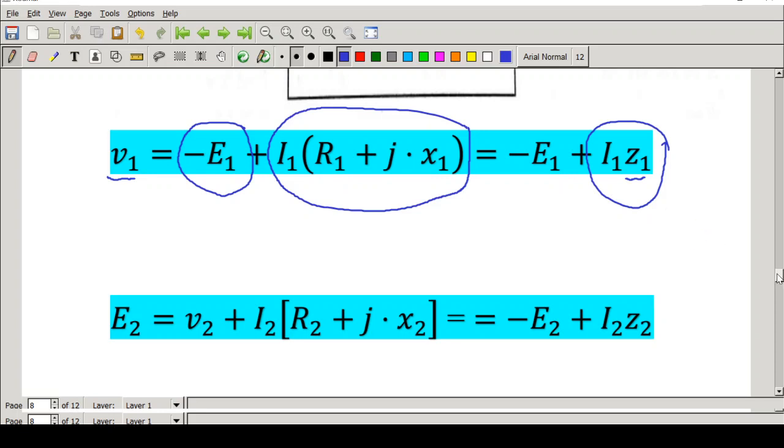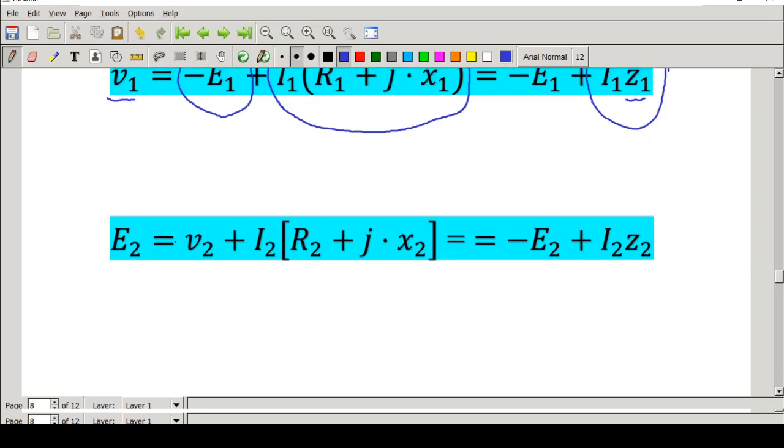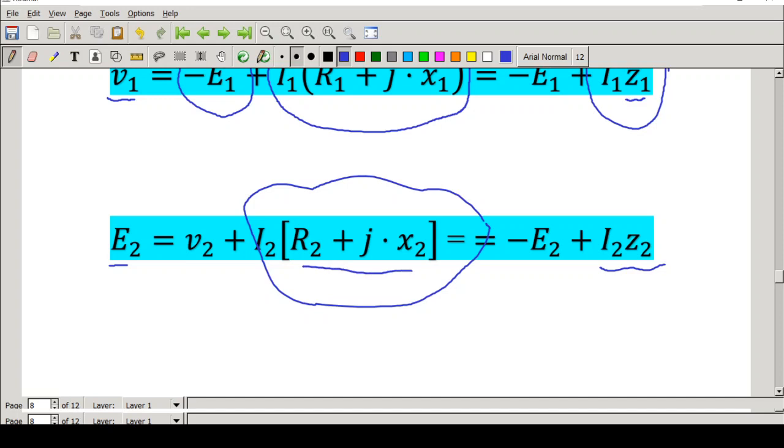Similarly, when you consider the secondary, E2 will not be equal to V2. That is, E2 minus this many losses will be equal to V2. That is, E2 minus I2 R2 minus j I2 X2 will be equal to V2. So you can write E2 is equal to V2 plus I2 Z2. So what is Z2? Z2 is equal to R2 plus jX2.